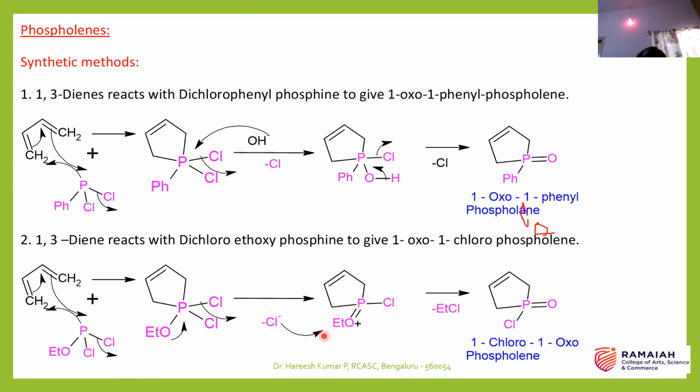Then Cl minus attacks the electrophilic carbon, and here the leaving group is ethyl chloride. This bond pair will move here and sit as a lone pair on the oxygen. That is how 1-chloro-1-oxo-phospholene is obtained.